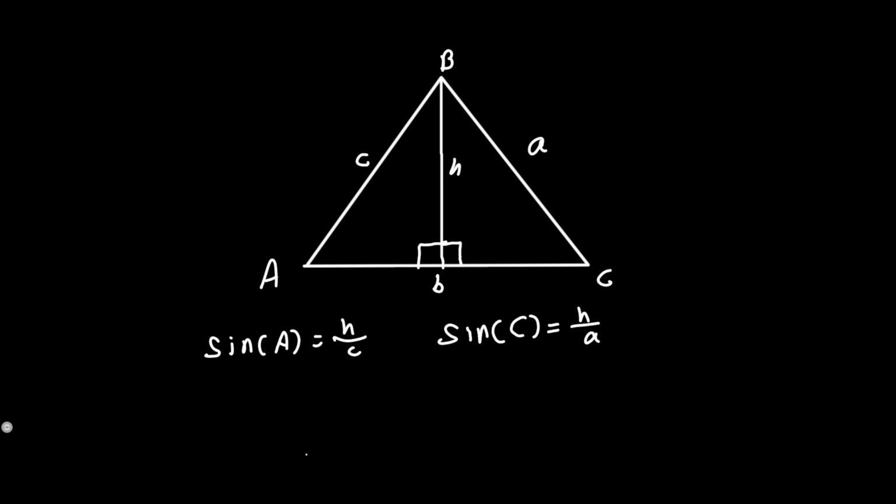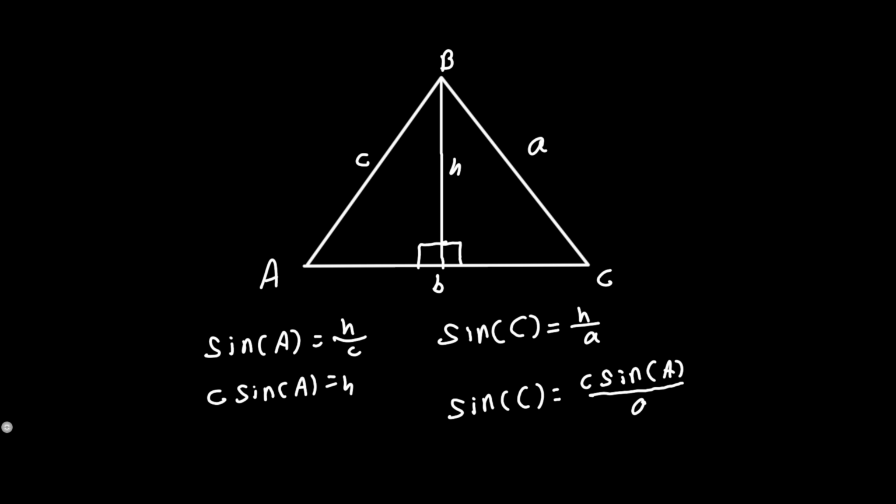So solving for H here, we have c sine of A is equal to H. And we can substitute this back into this H. So that will give us sine of capital C is equal to c sine of A over a.